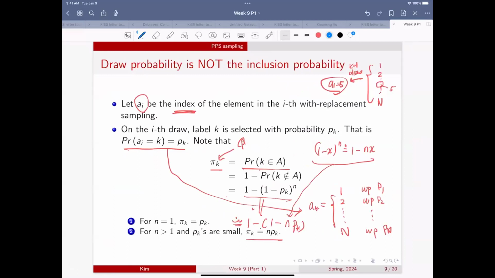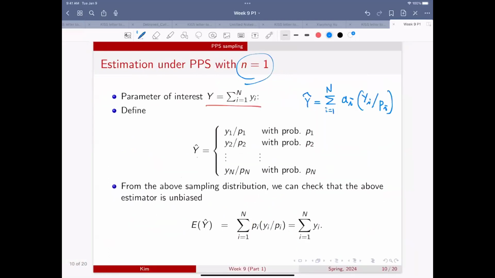Sorry. Okay. This is not, sorry. Let me back up. A1 equal to K, K divided by K. This is actually correct.